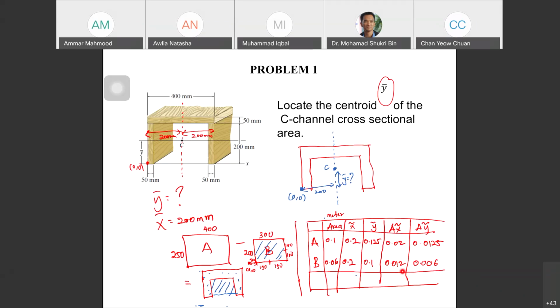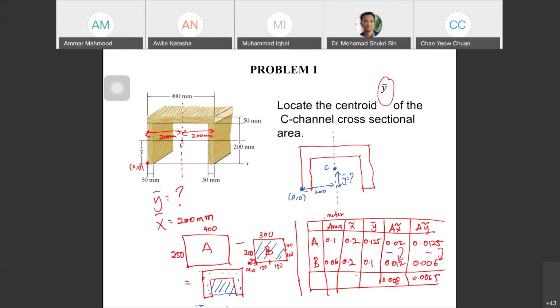So 0.02 minus 0.012, you get 0.008. So you need to minus also. 0.0125 minus 0.006, you have 0.0065.